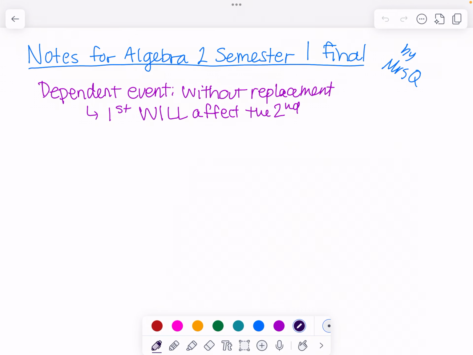And what I would put on my notes then is, I would go like this. The probability of A or B would be the number of A plus the number of B, the specific thing that they were saying.